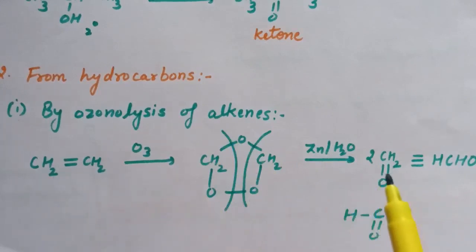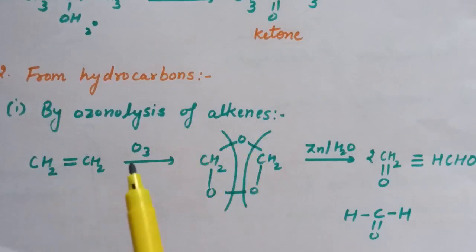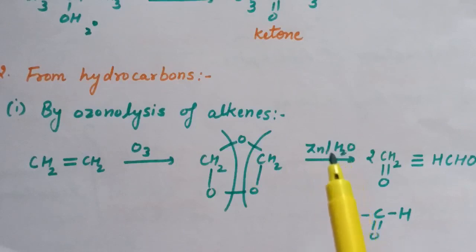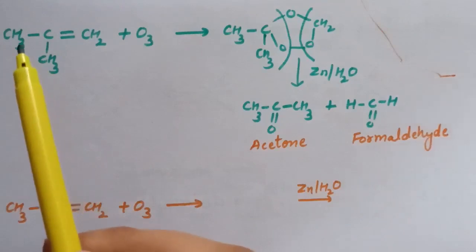So here in this case, ozonolysis of ethene results in the formation of two molecules of formaldehyde. So in ozonolysis of alkene, first step is formation of ozonide complex, and after that in presence of zinc dust and water, this ozonide complex breaks and converts to aldehyde and ketone depending upon the alkene. So here one more example is written.